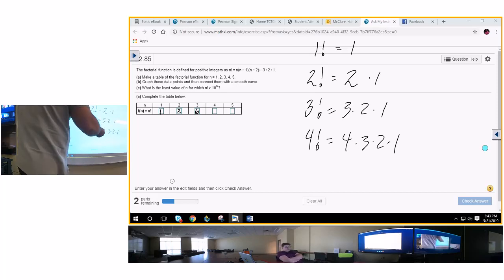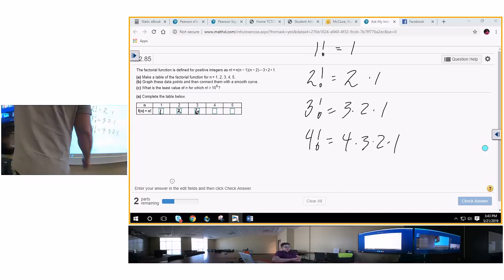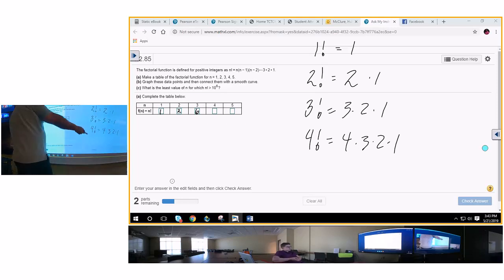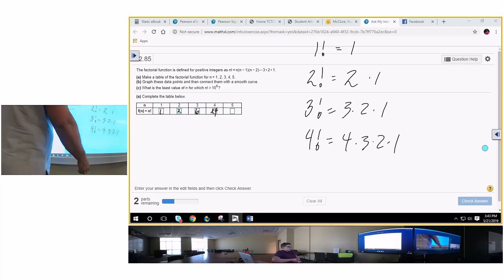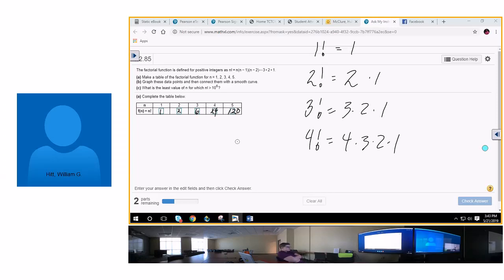No. Now you're going to see harmonic functions with sequences in Calc 3. This is not relevant to what we're doing now. 4 factorial is 4 times 6, which is 24. And 5 factorial is 5 times 24, which is 120.